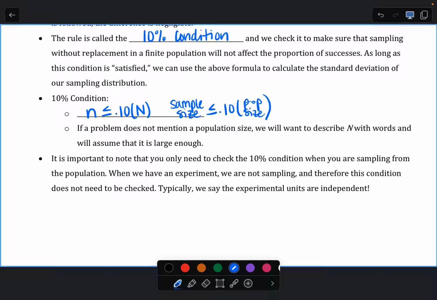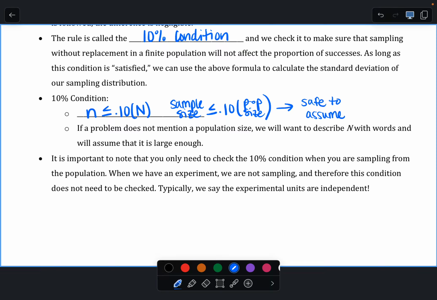Those are things where you're going to have to know going into it what to do. So one thing that I will say, a lot of the time with the population size, we don't really know the exact number. So we will usually put something that says it's safe to assume that this is true. So if I'm trying to represent all adults and my sample size is 50, it's safe to assume there's at least 500 adults in the world.